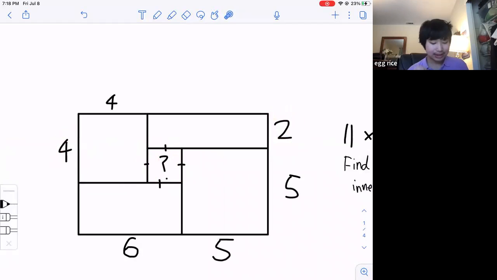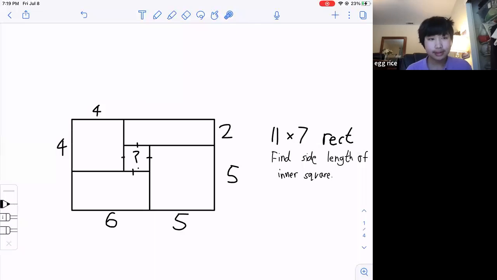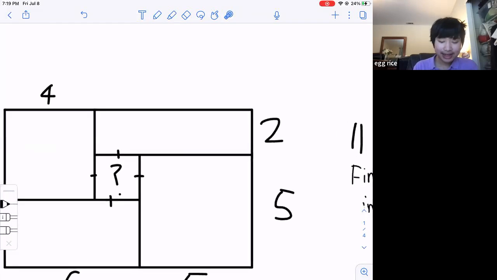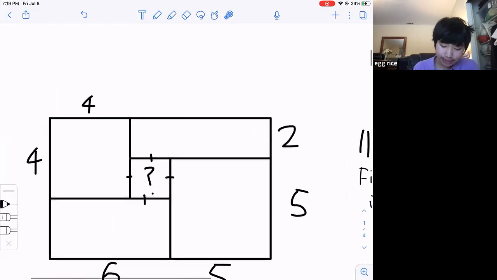So can anyone see how we can use either 2 and 4 or 6 and 4 to figure out the side lengths of this inner square? Joy is saying 4 minus 2 equals 2.